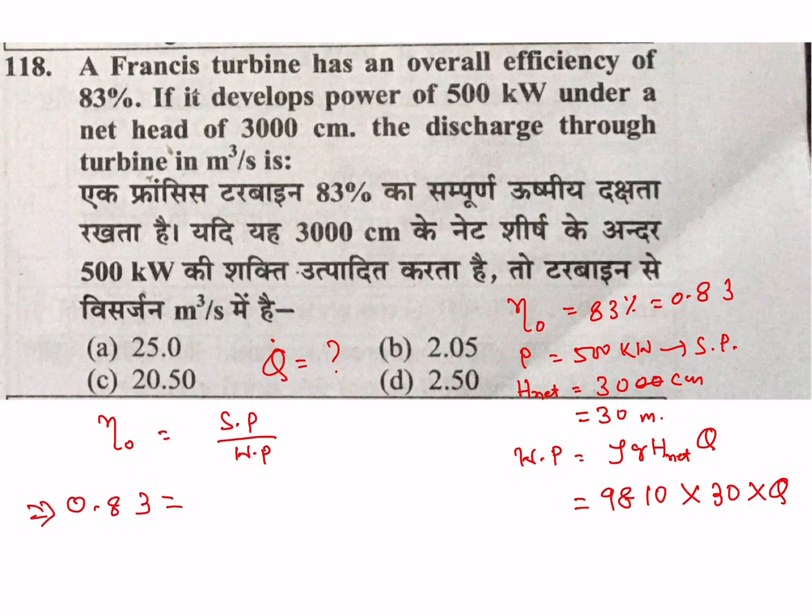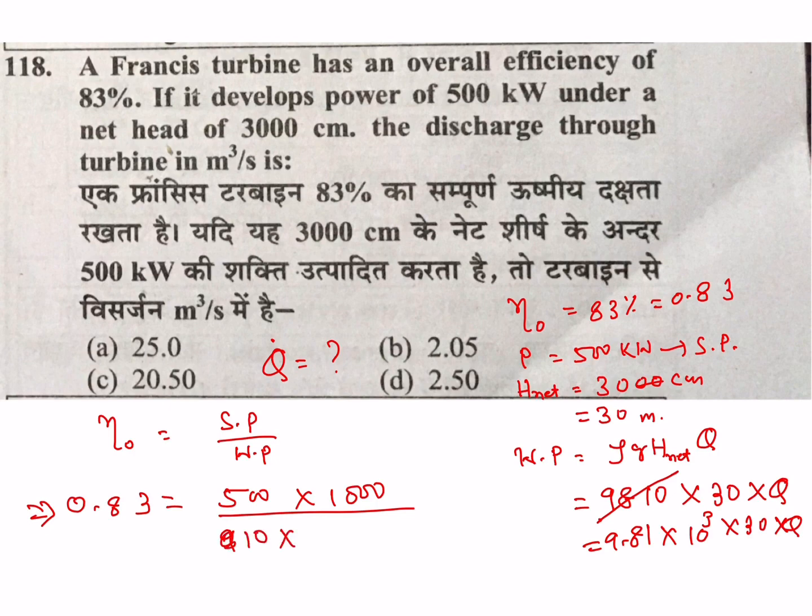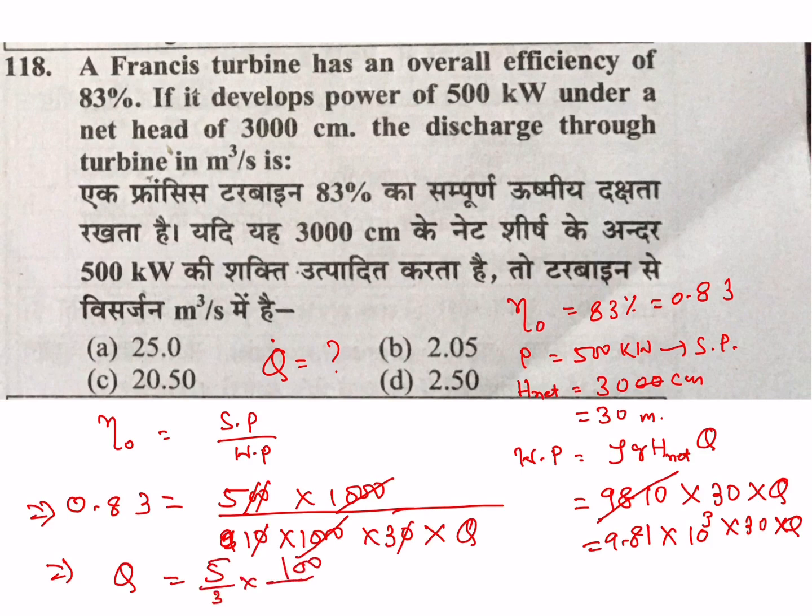0.83, then shaft power 500 into 1000, since it's in kilowatt, divided by 9.81 into 10 to the power 3 into 30 into Q. 9.81 we will write as 10, then 1000 into 30 into Q. Then this simplifies to 5 by 3, Q equal to 5 by 3 into 100 by 83.